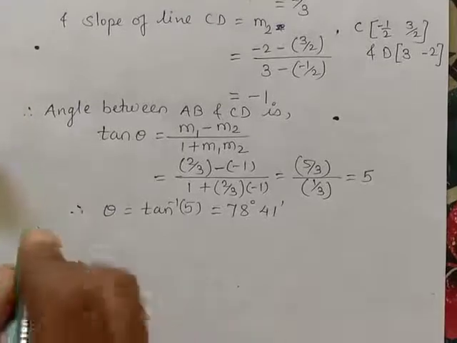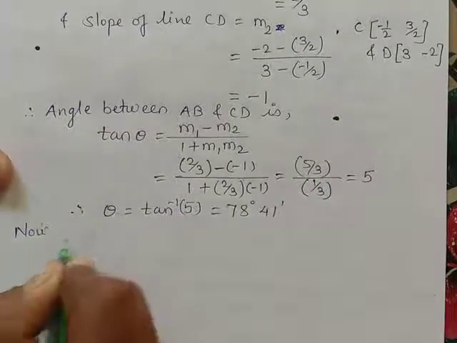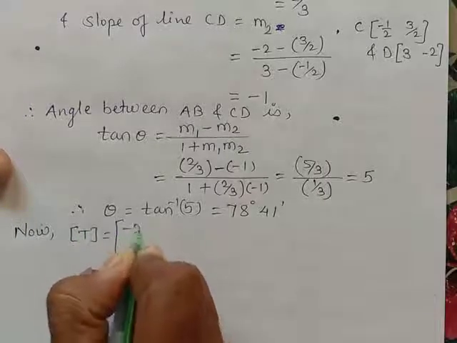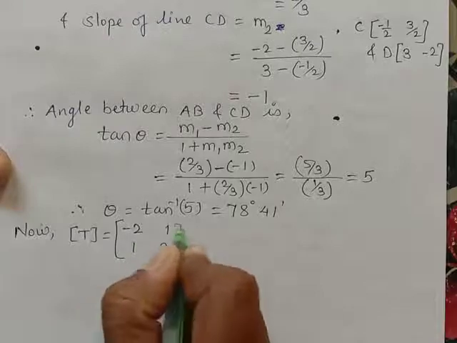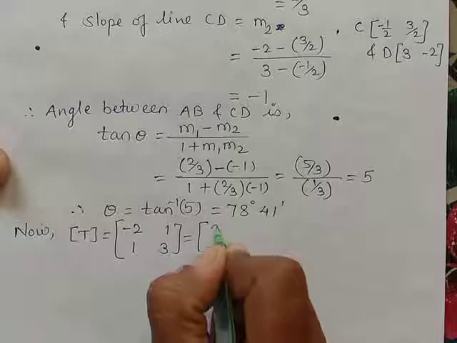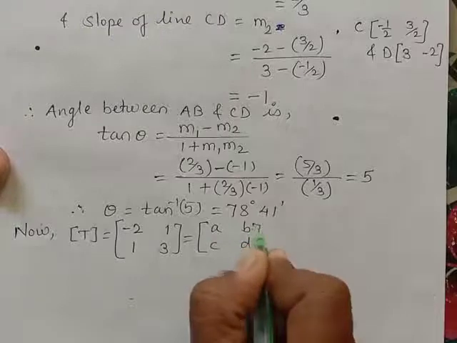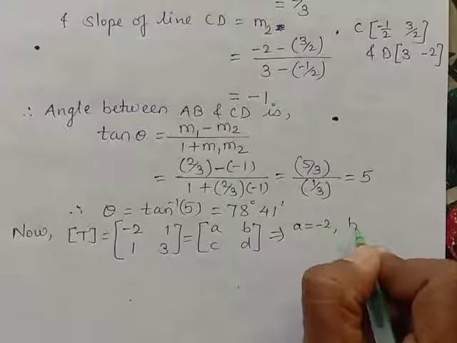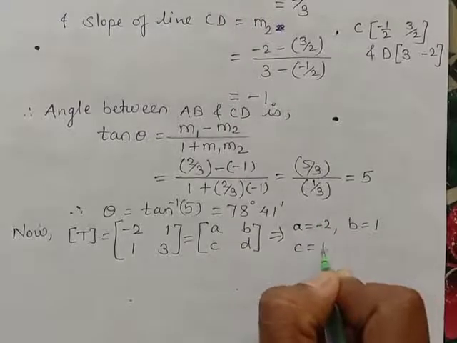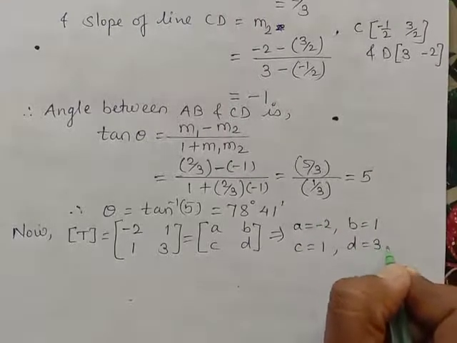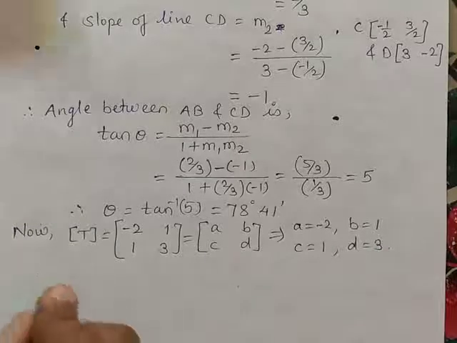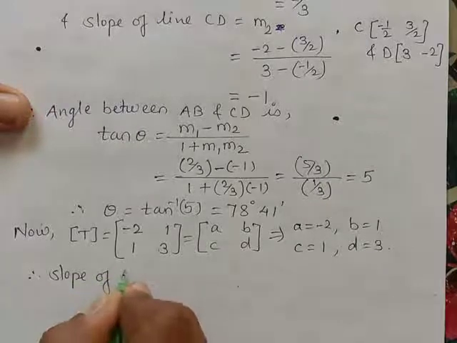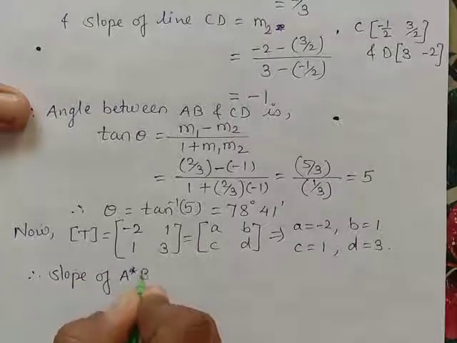Fine. Now, T with us. What is T? It is minus 2, 1, 1, 3. Compare with ABCD. That gives A equal to minus 2, B is equal to 1, C is equal to 1 and D is equal to what? 3. Okay. Therefore, slope of A star B star transform line, right?